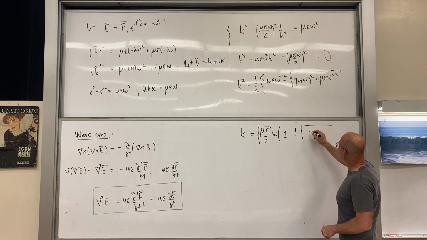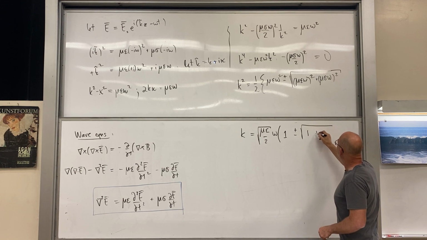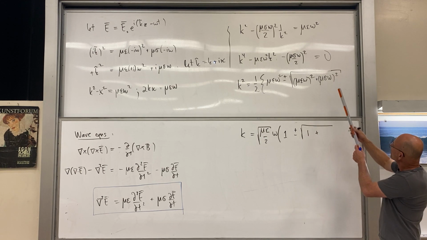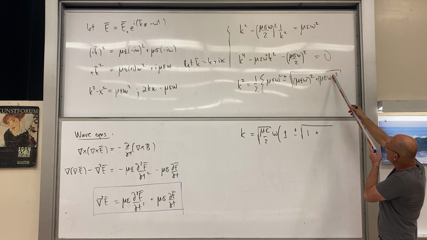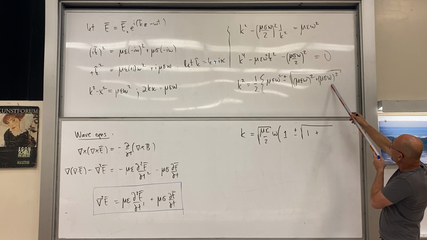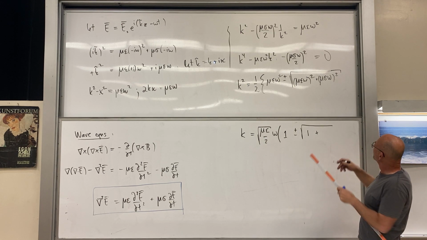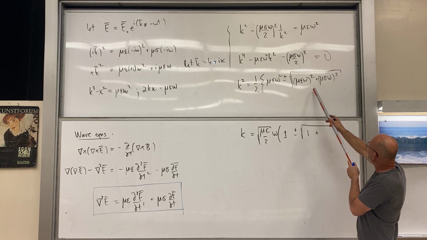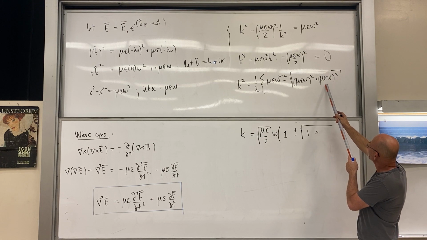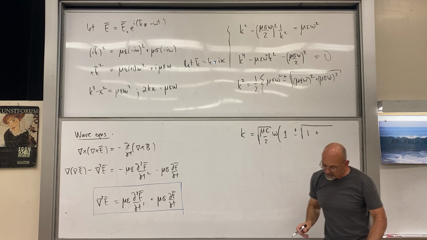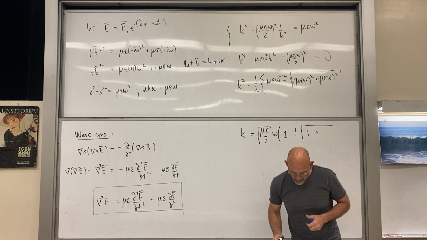Get a 1 here as well, and then we only have an omega squared here, so we multiply top and bottom by omega squared. Then mu cancels, so we end up with sigma over epsilon omega.